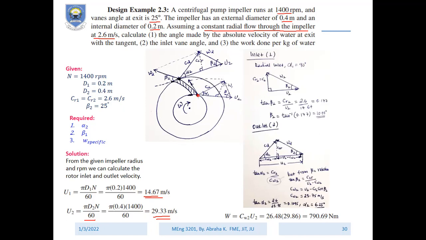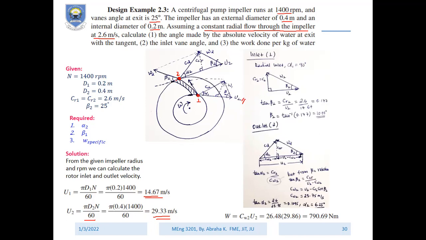Now consider this inlet point to be point 1, and this is the exit, or the outlet. From this, we can directly draw the tangent to that circle at that exact point, to be U1.